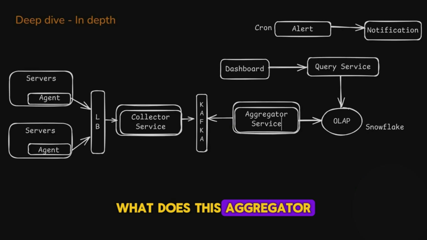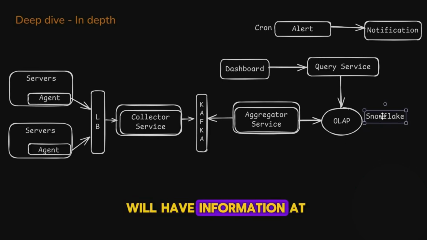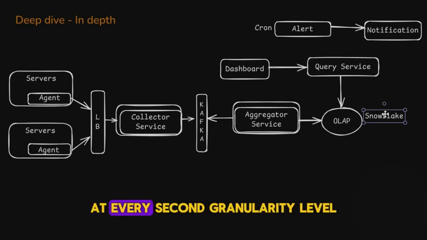What this aggregator service can do is aggregate the millisecond data into a second. So we can convert this so that this database will have information at every second granularity level.